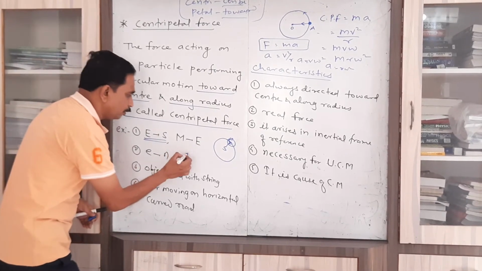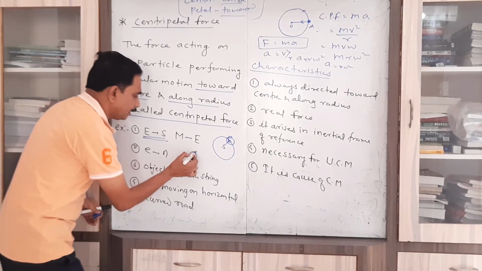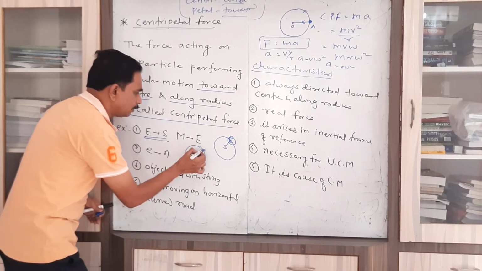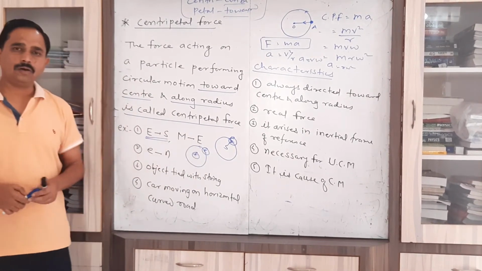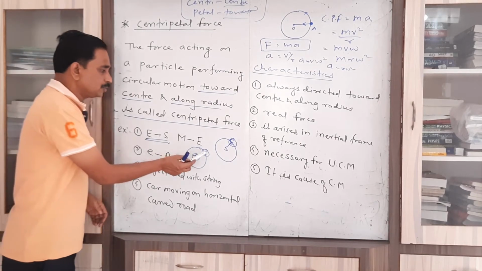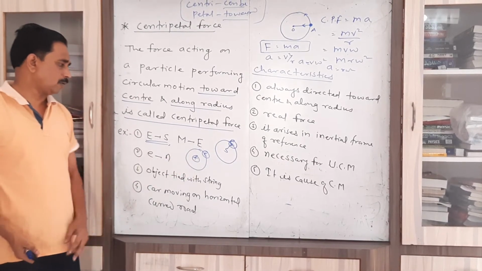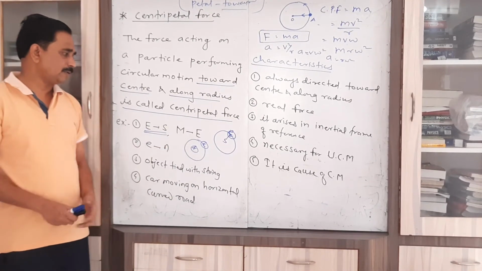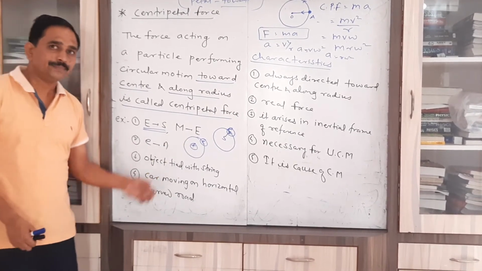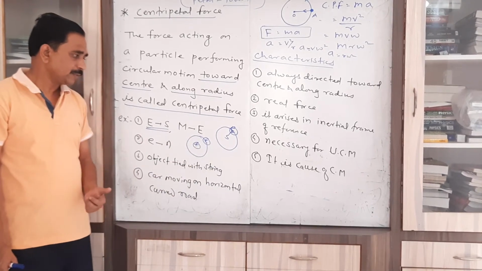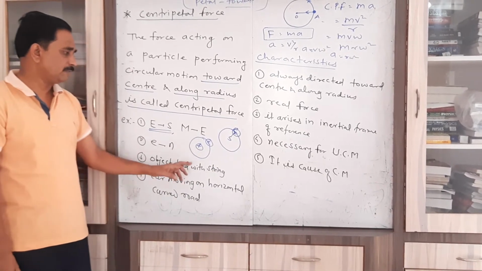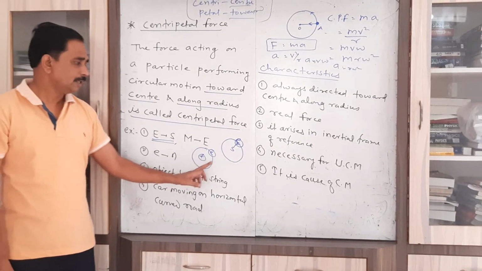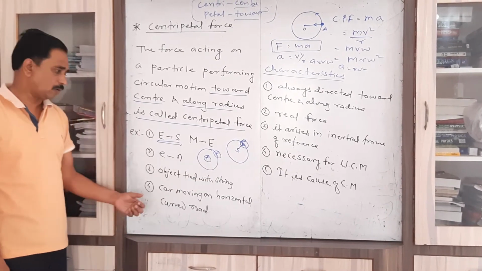As we know that an electron revolves around the nucleus in a circular orbit. For the circular motion of the electron around the nucleus, the necessary centripetal force is given by the electrostatic force of attraction between the positively charged nucleus and the negatively charged electron.